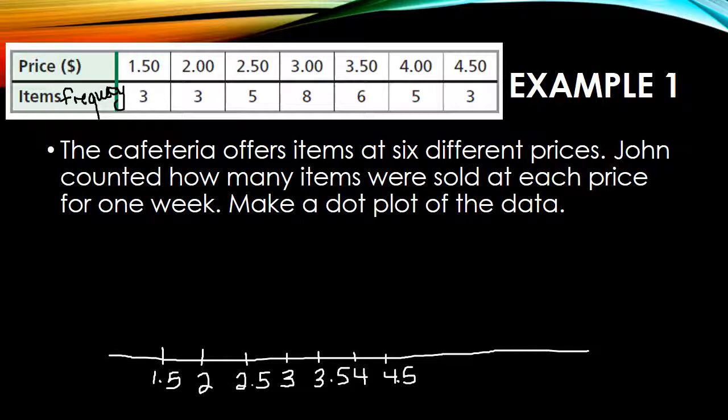So I'm going to put 3 dots for 1.5 because I have 3 items that are priced at 1.5. And then I'm going to put 3 dots for 2. 5 dots for 2.5.